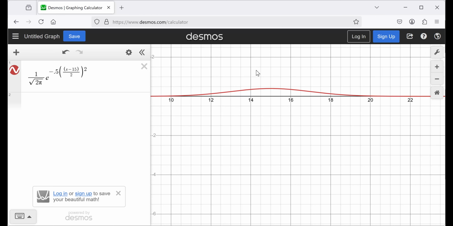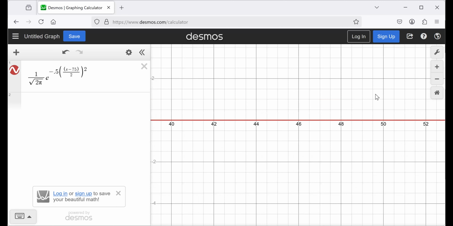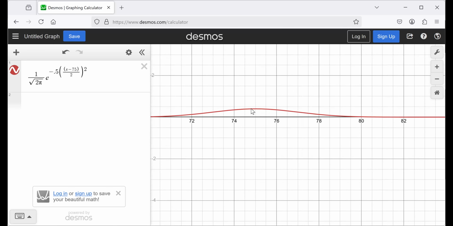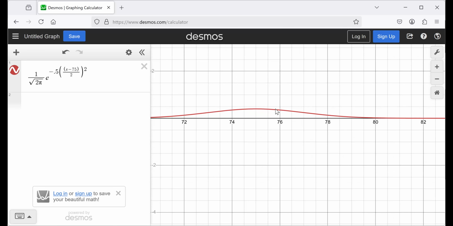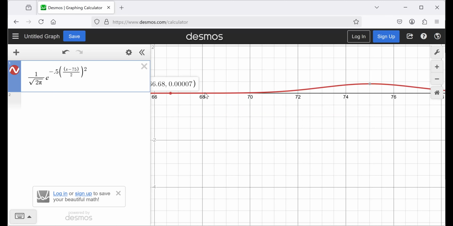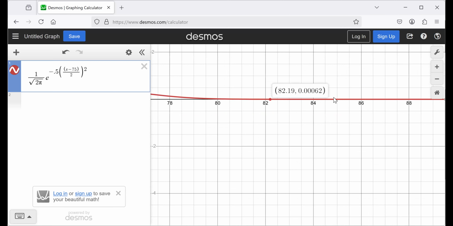But the theory behind it is that we want a lot of the class to be in the C range, let's make this 75, and then only a few people failing and getting Fs, and only a few people doing really well.